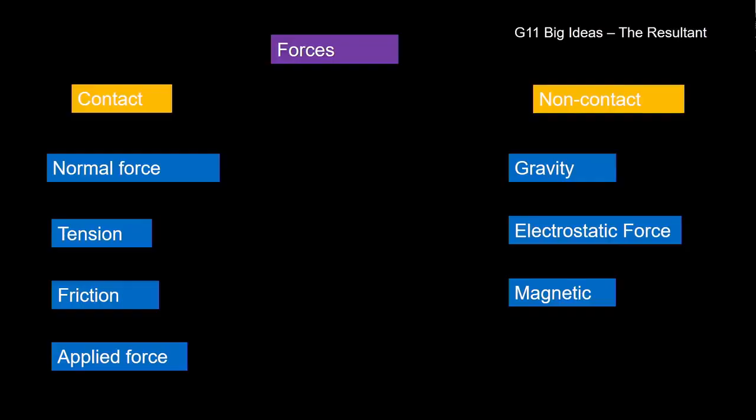We've got non-contact forces, which you would already be aware of. Gravity is one of them. Electrostatic force, that's with electricity and with charged particles. And then magnetic force. These are all about a field, a force field.